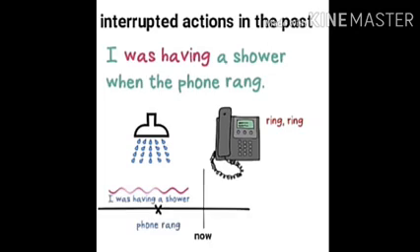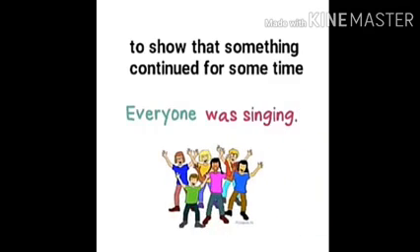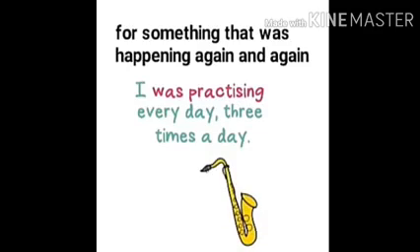So here we use the past continuous for the continuing action, having the shower, and the past simple for the phone ringing. It's also used to show something continued over some time. So for instance, you could say, everyone was singing, or for something that happened again and again. So here, I was practicing every day, 3 times a day.